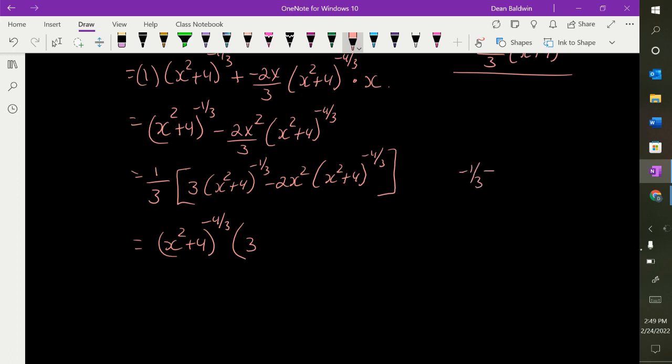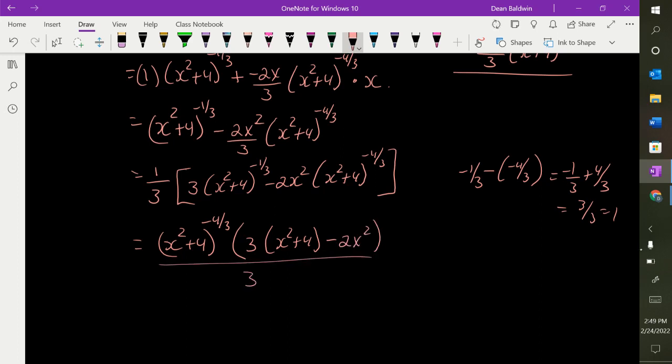Negative 1/3 minus negative 4/3 is negative 1/3 plus 4/3. Add the exponents, so you get 3 over 3, which is 1. Seeing a pattern here, people? Pretty much always equals to the power of 1. Minus 2x squared. And if you're wondering where that 3 went, it's actually in the denominator, because it's 1/3.